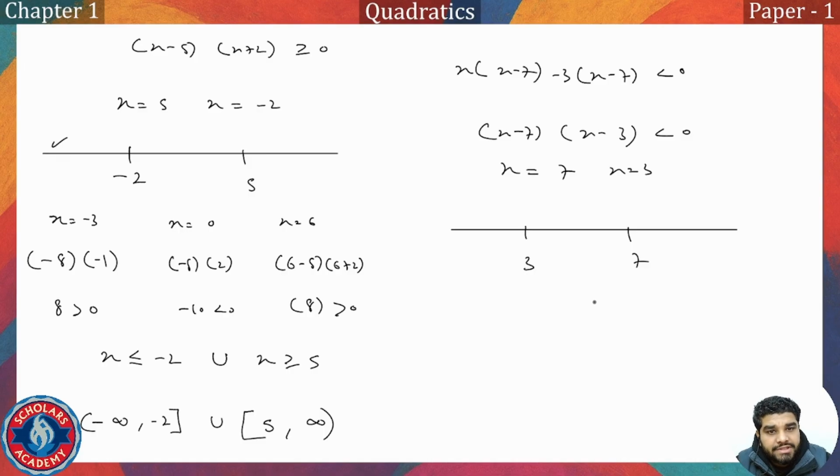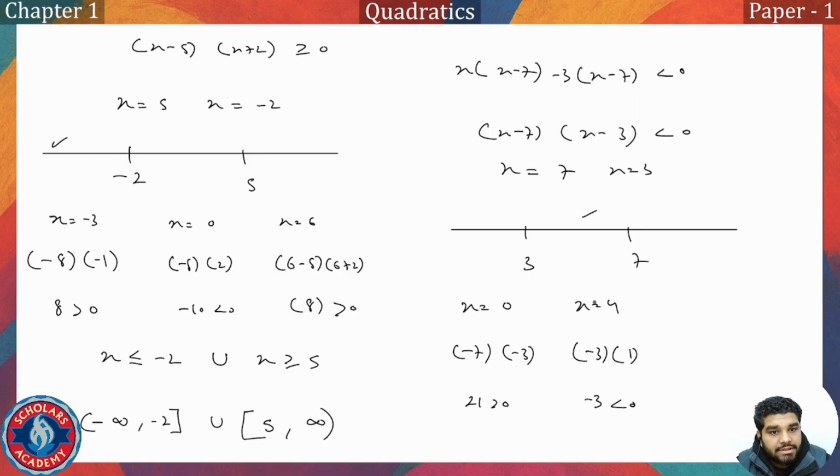So if I check which interval satisfies this inequality, for the first interval I take x is equal to 0. If I substitute it, I get -7 and -3. So it is 21, which is greater than 0. So no, will not take this. If I check for 4, we get -3 and 1. It is -3, less than 0.